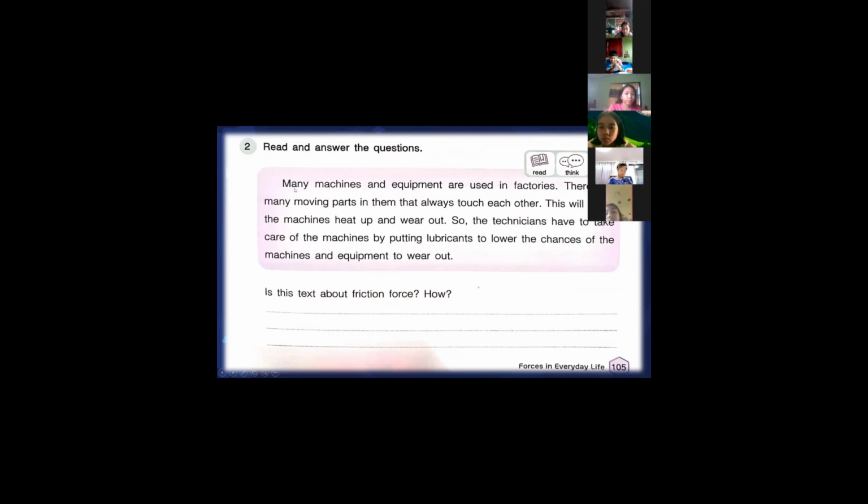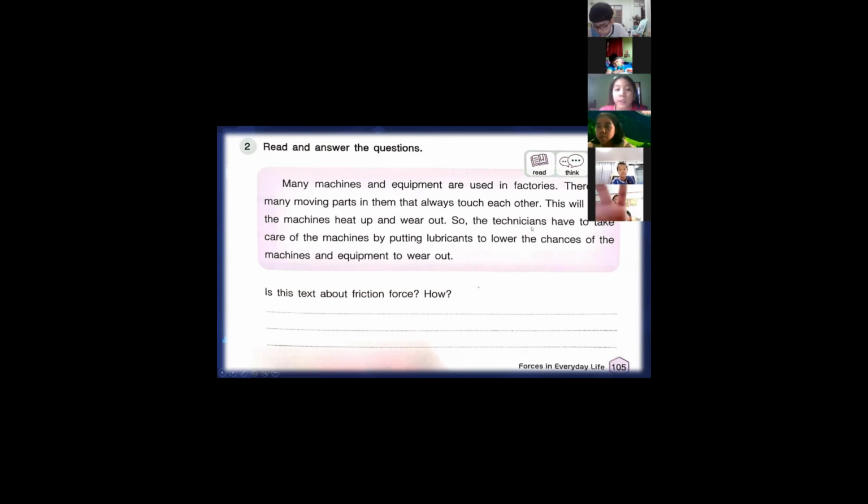Ready, go. Many machines and equipment are used in factories. There are many moving parts in them that always touch each other. This will make the machines heat up and wear out.